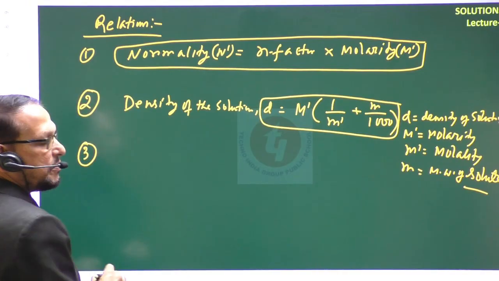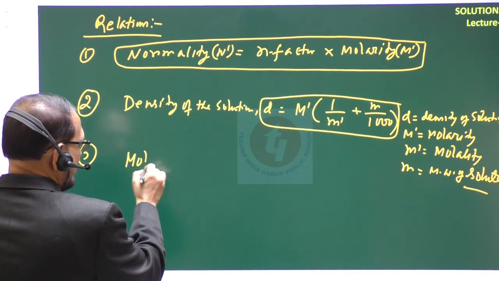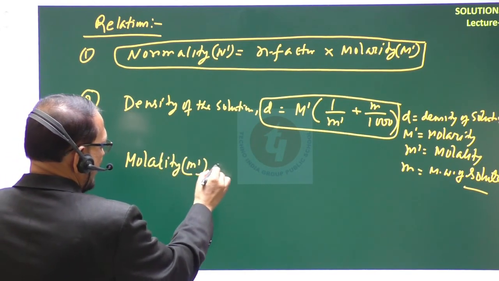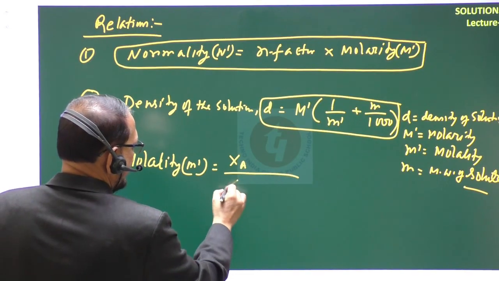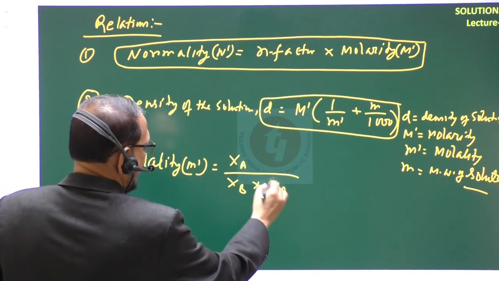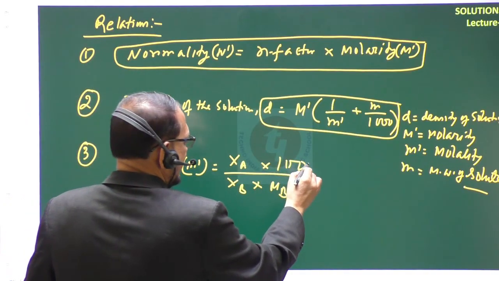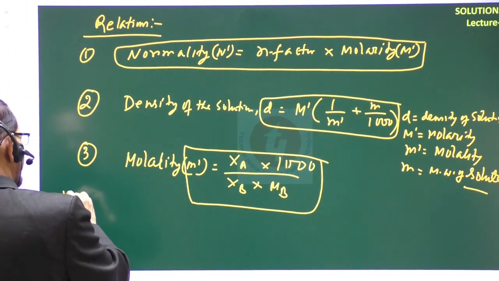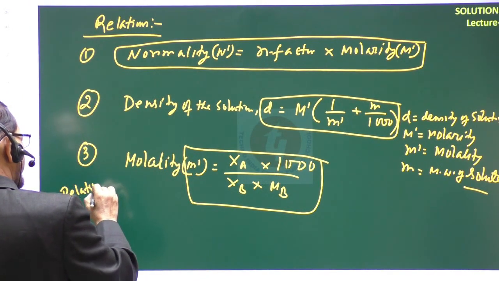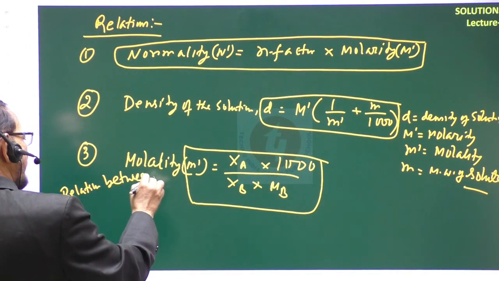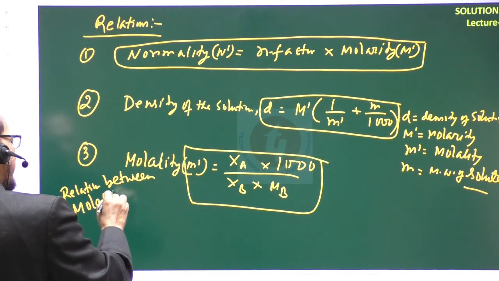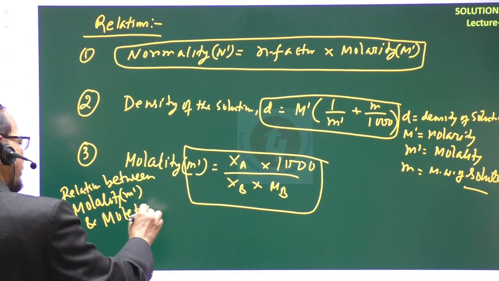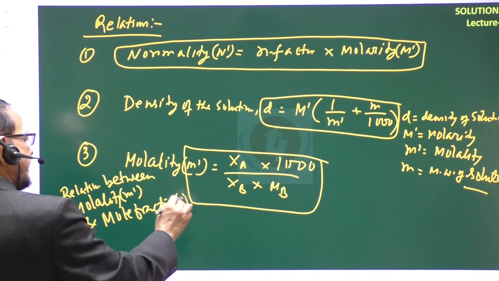Number three, the relation between molality and mole fractions. So molality, small m dash, is equal to XA by XB into MB into 1000. So this is the relation between molality and mole fractions. Here we have one numerical, I am giving on the next page.